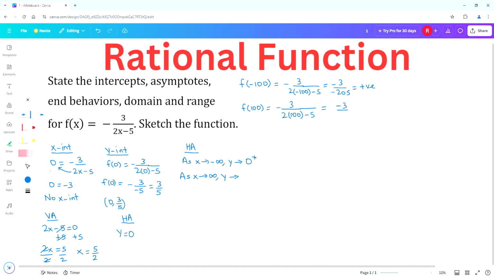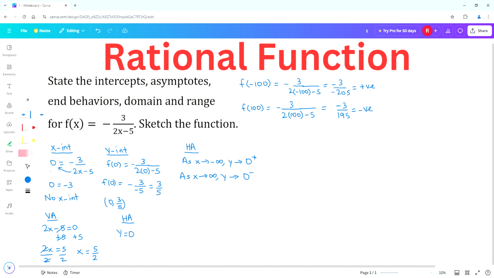In the denominator, 2 times 100 is 200, minus 5 is 195. So we get a negative overall value. So on the right side, y approaches 0 from below. So this is the end behavior for the horizontal asymptote.